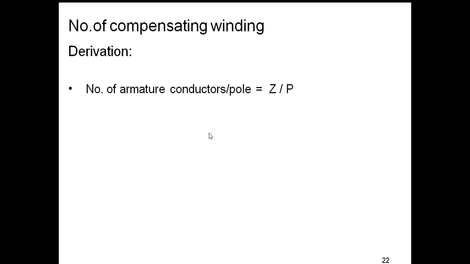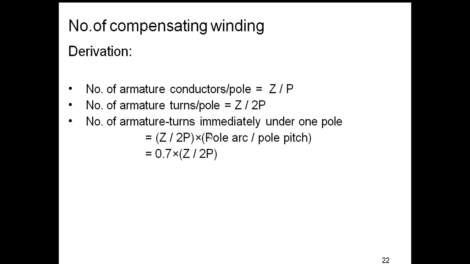The number of armature conductors per pole is equal to Z by P, and the number of armature turns will be half of the above, so Z by 2P. So the number of armature turns immediately under one pole is equal to Z by 2P into pole arc by pole pitch.